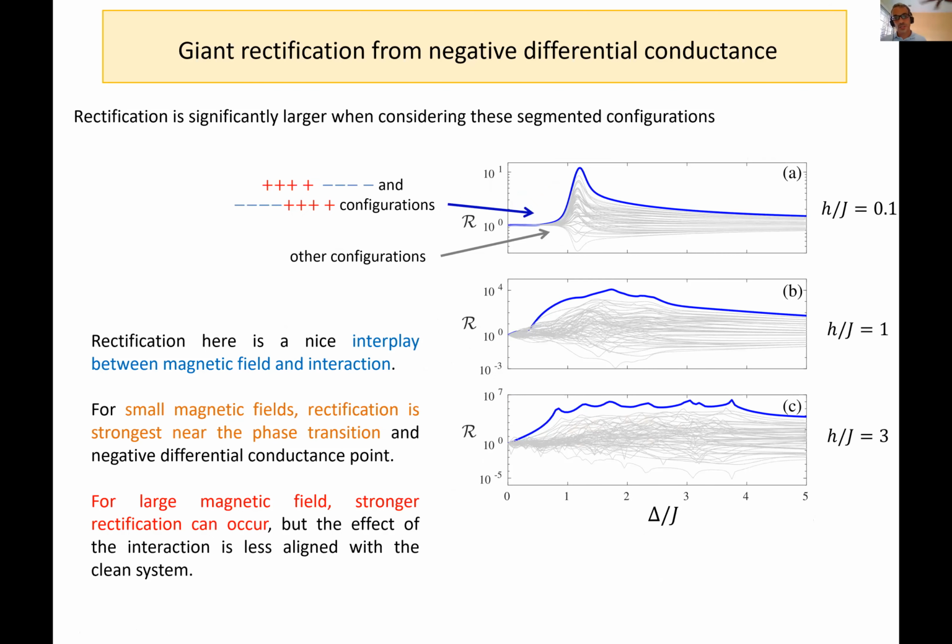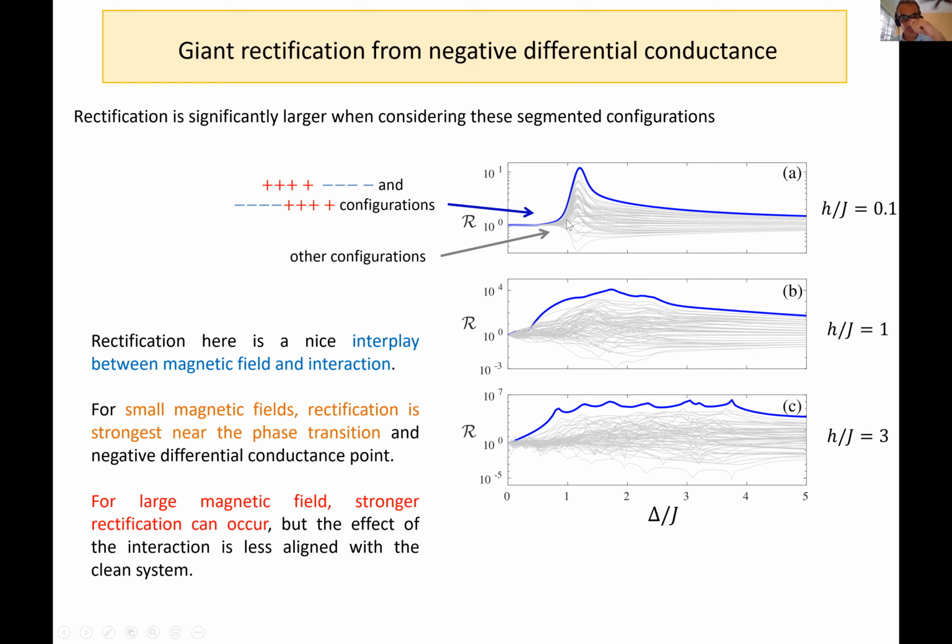We can also look at the effect of different disorder, or the strength of the magnetic fields. If these magnetic fields are small, we do have rectification. It's not very large. Maybe we can get a value of 10. What is interesting here, though, is that we see the rectification close to delta equals 1, which is where the system has a quantum phase transition, and where, if you're familiar with the clean XXZ chain under strong bias, the system goes from ballistic to insulating.